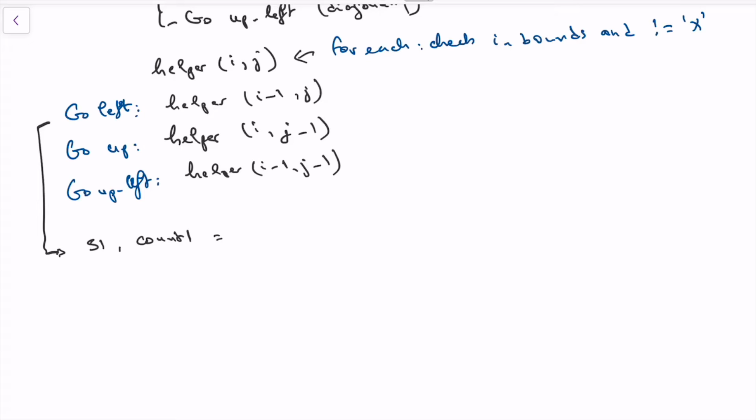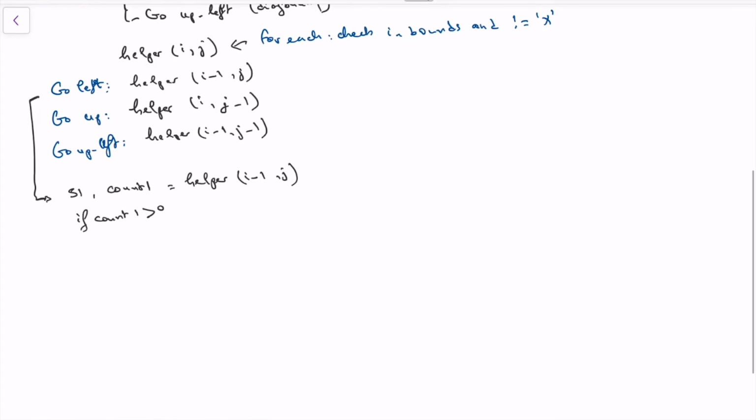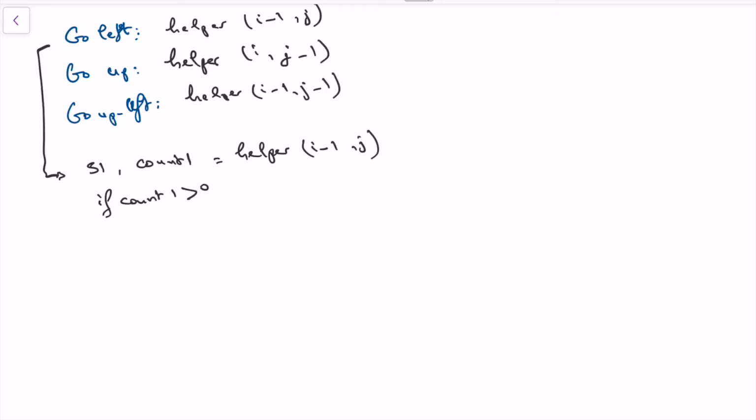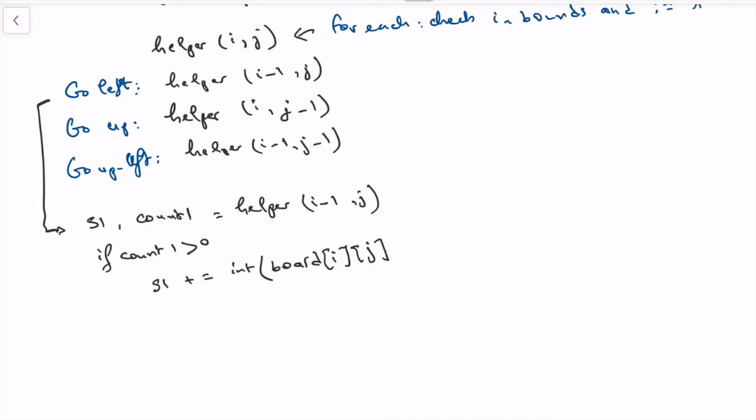This would be helper of i-1 and j. If count 1 is more than 0, because if it's 0, that means maybe we encountered an obstacle, and so we shouldn't use the sum. But if it's bigger than 0, let's add to the sum the value of the current cell, which is converting the number at board ij to an int and adding it to the sum.